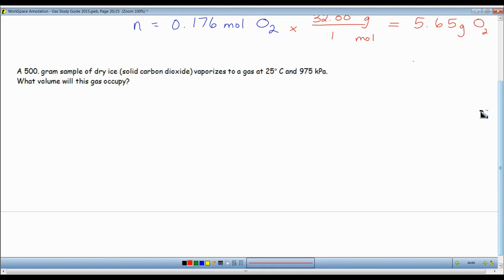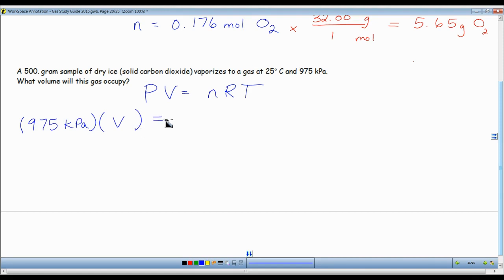So again, I'm thinking perfect. I'm thinking my PV=nRT. P is my pressure. We're using kilopascal, which I have. V is my volume, which is what I'm solving for.